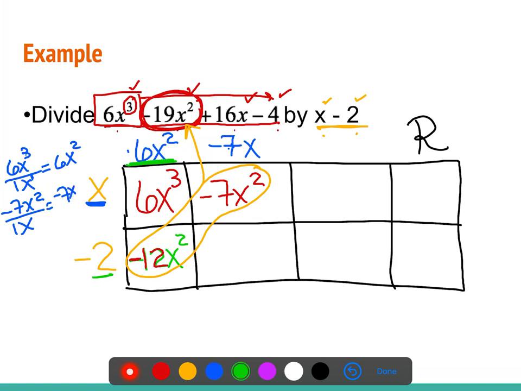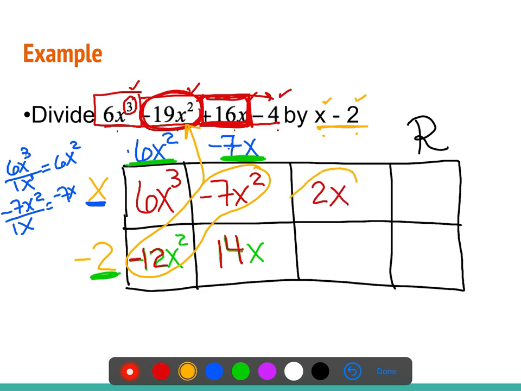Or I could have done negative 7x squared divided by x: negative 7, and x squared divided by x is x. Either way, I would have gotten negative 7x. Now I gotta get to the bottom of the column. So negative 7x times negative 2, negative 7 times negative 2, is 14x.